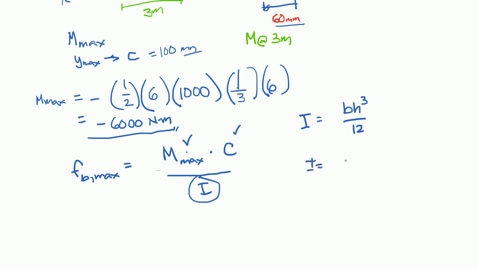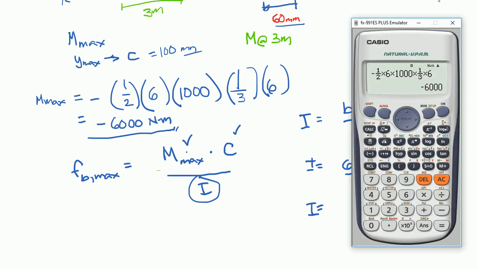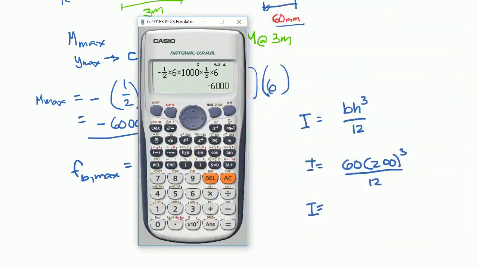I is, okay, 60 millimeters times 200 cube over 12. So, we get I equal to, again, let's check the calculator. This is, okay, 60 times 200 cube over 12.